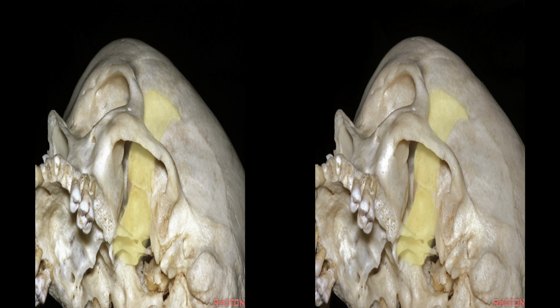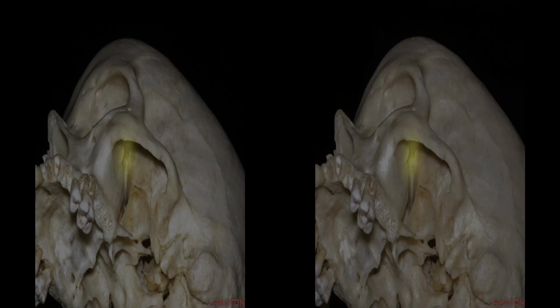It opens above through the inferior orbital fissure, and then here is pterygopalatine fossa between the back wall of the maxilla and the pterygoid process, and it opens upward into inferior orbital fissure.